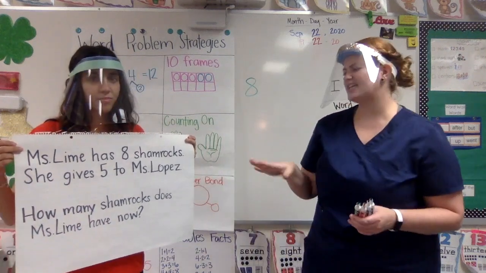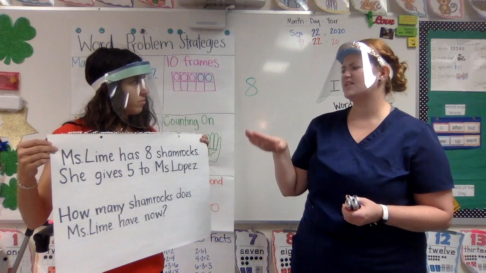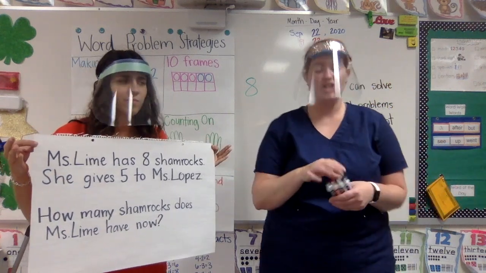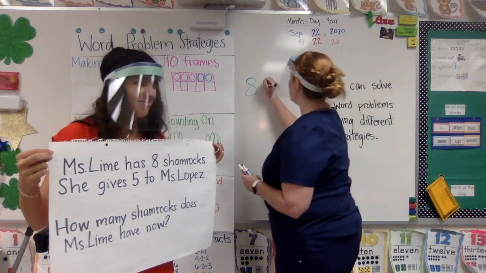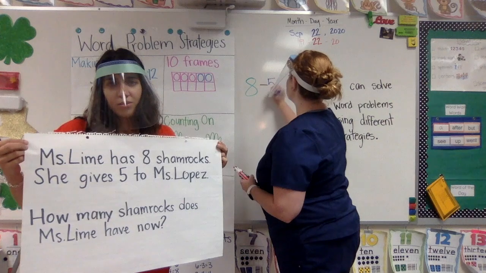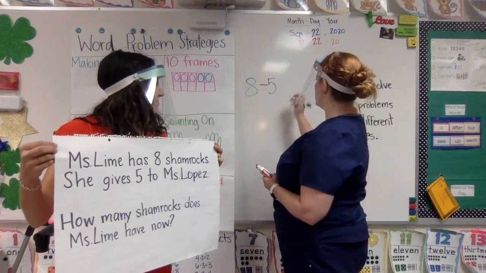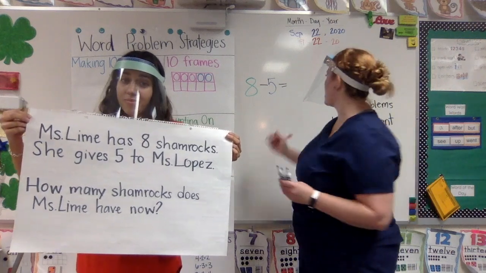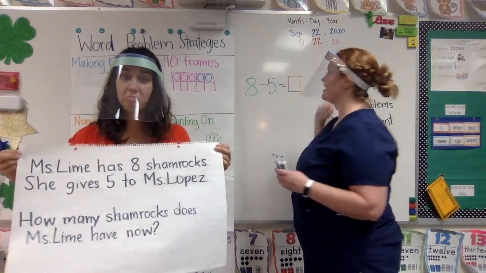And then it says she gives 5 to Miss Lopez. Well, if I give them, I don't have them anymore. So it's minus 5. Okay, minus 5 equals a box. Because it asks me, how many shamrocks do I have now?